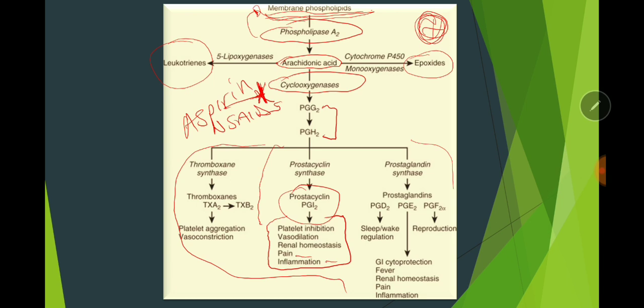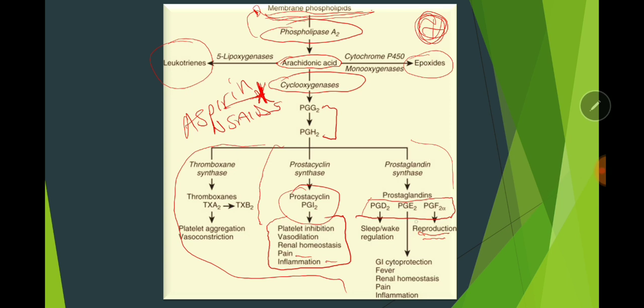Now, if you give aspirin, you are going to block the activity of prostacyclin. You're also going to inhibit the actions of prostaglandin D2, prostaglandin E, and F. Prostaglandins are very key in reproduction.